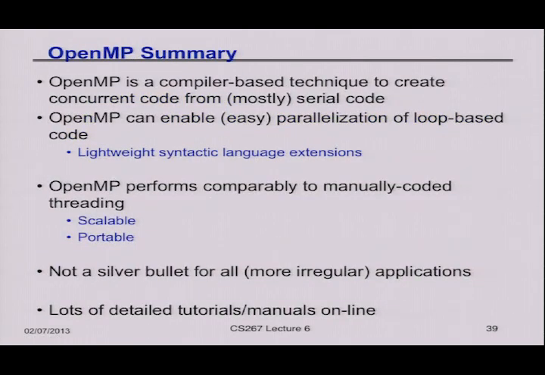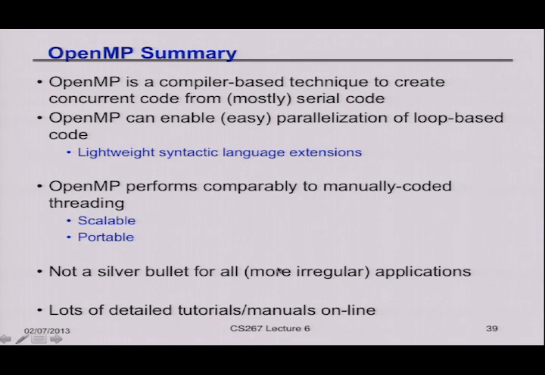And there's lots of material online, so I don't really want to say any more than this. It's a compiler-based technique to create concurrent code from mostly sequential code. You basically just insert comments that say, please do this loop in parallel. It's not a silver bullet if you have a much more irregular application.